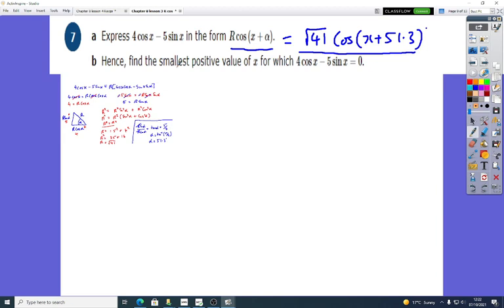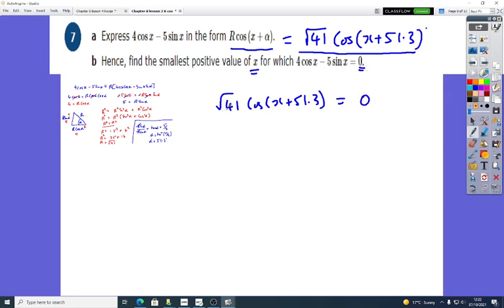When it says find the smallest positive value of x for which that equals 0, you do root 41 cos(x plus 51.3), and that's going to equal 0.